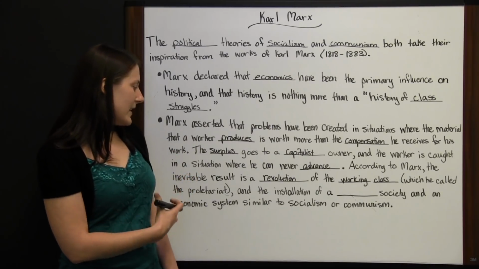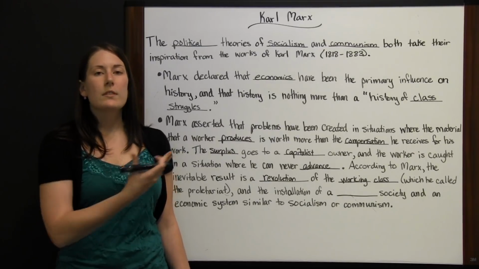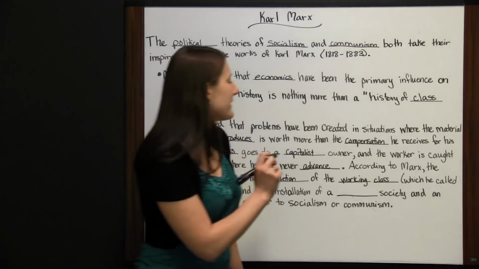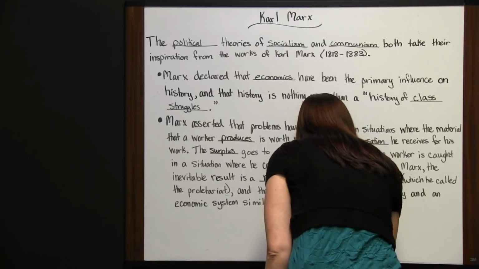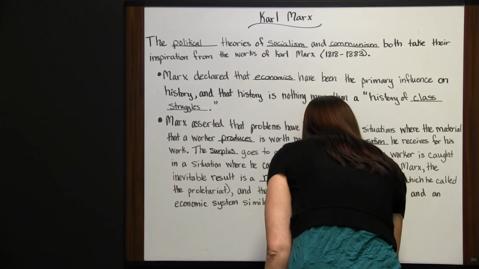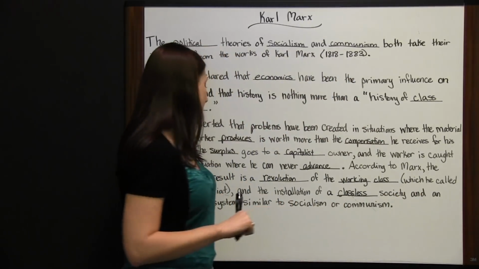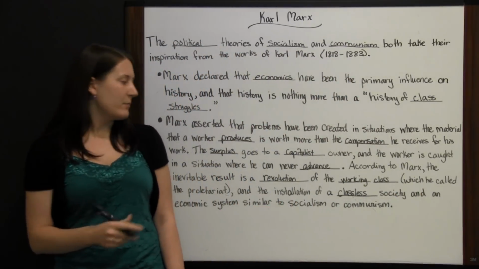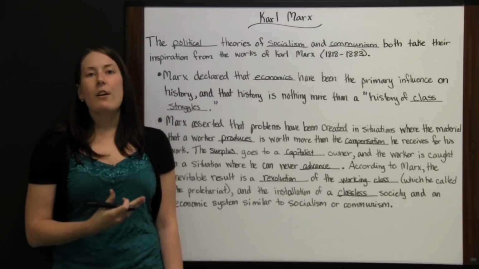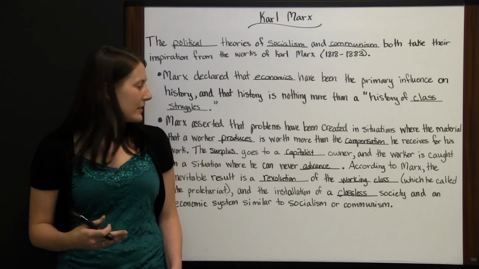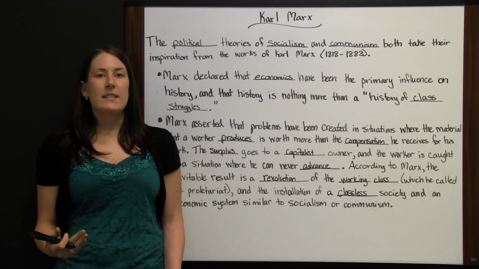Marx said that the inevitable result after this revolution is that a classless society will be installed, and an economic system similar to socialism or communism will be installed. So first of all, there'll be a classless society. People won't necessarily have social classes anymore.